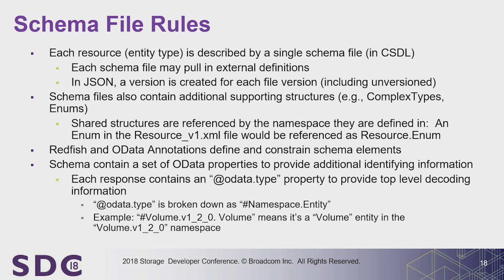So if you're looking in a schema for how to do something, it's probably an annotation that's defining or constraining something. There are a small set of OData properties that also go in there, like @odata properties, but it's a relatively small set.